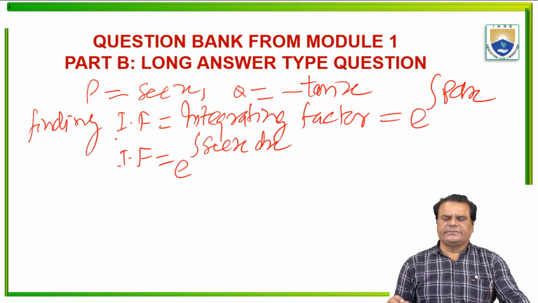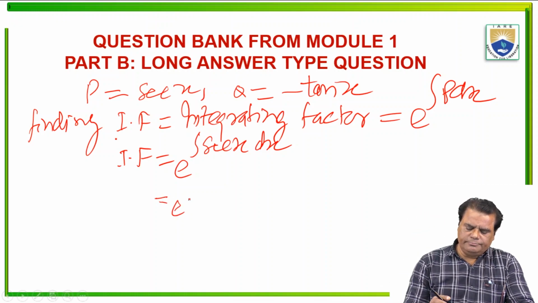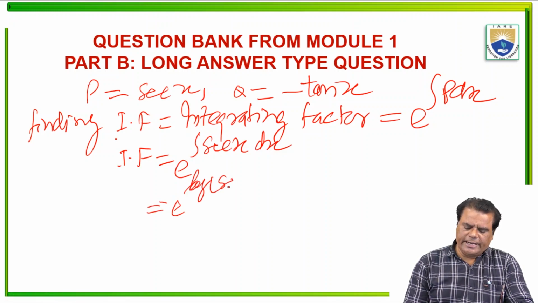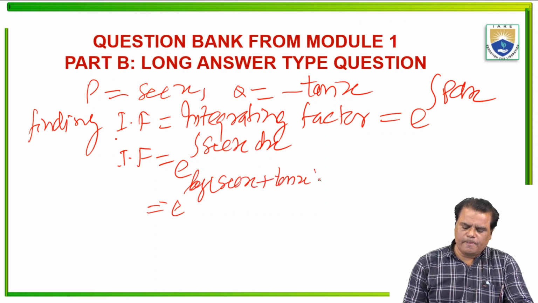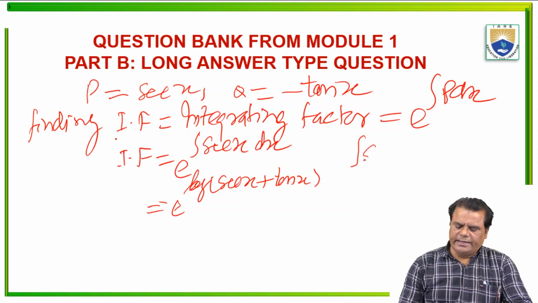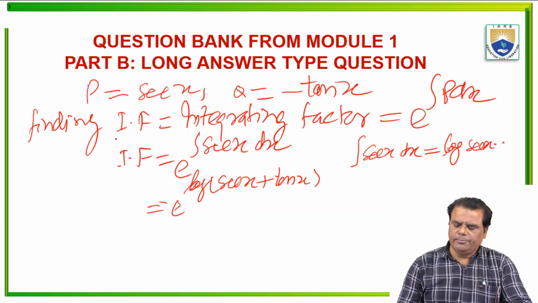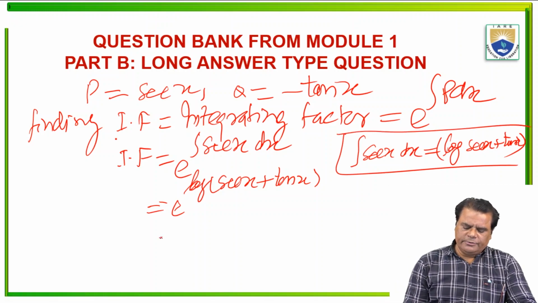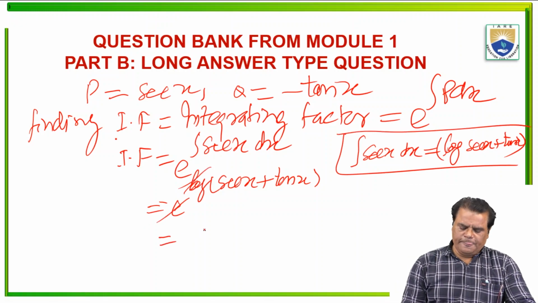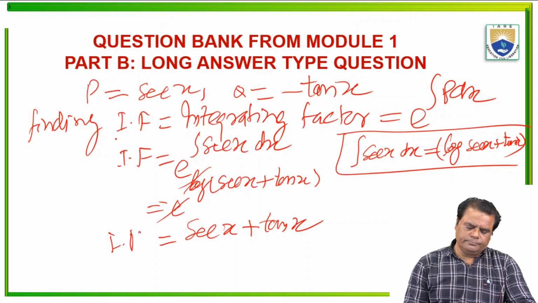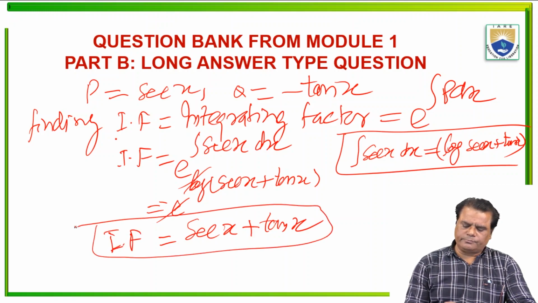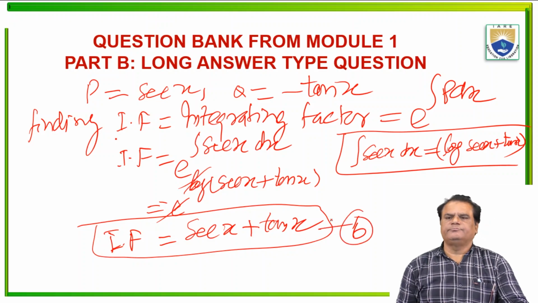The integration of sec x dx is log of sec x plus tan x. This is the formula of integration. So we apply it here, and the log cancels with e. This is the IF. This is equation 6.